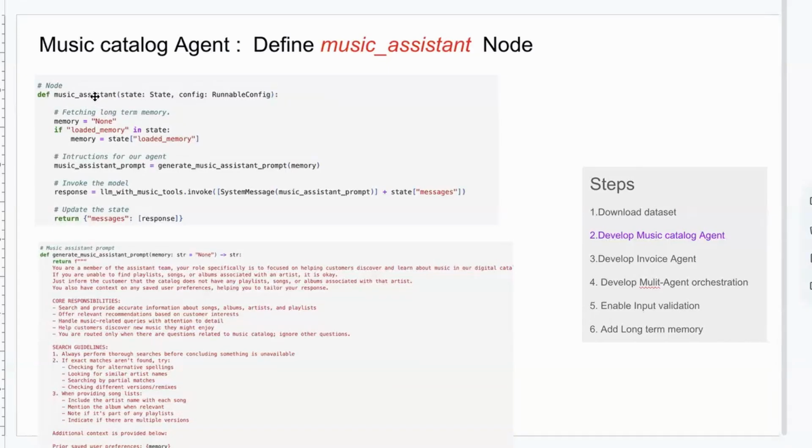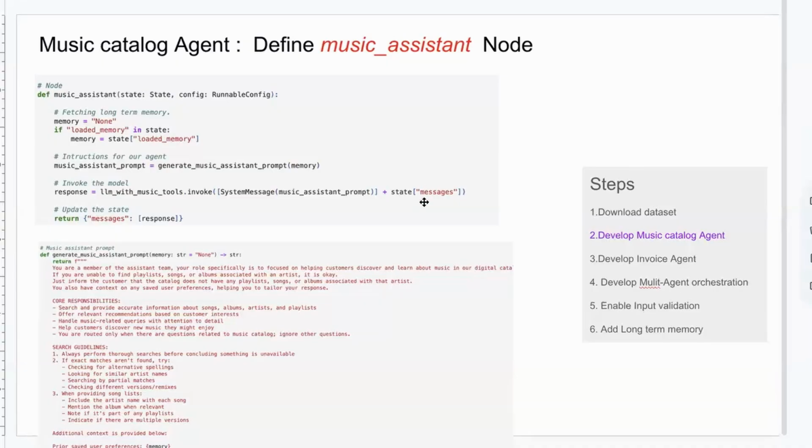If you go into a little more detail, all it does is get this prompt. Remember I told you every node has a state coming into the node and also has logic. This is the logic: a prompt sent to the LLM along with the messages.